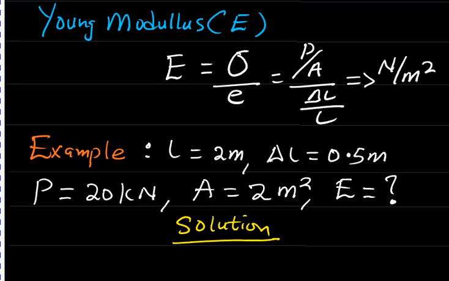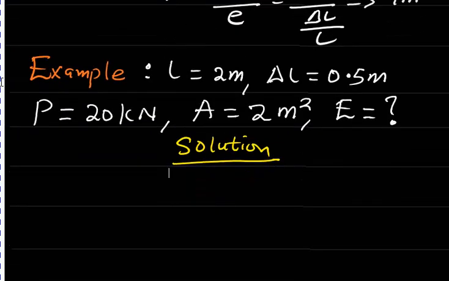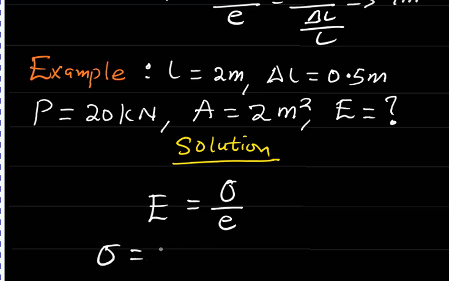From what we have here, the Young modulus E is equal to the tensile stress over tensile strength. We can take it one after the other. Sigma, being the tensile stress, is equal to the pulling force over area.